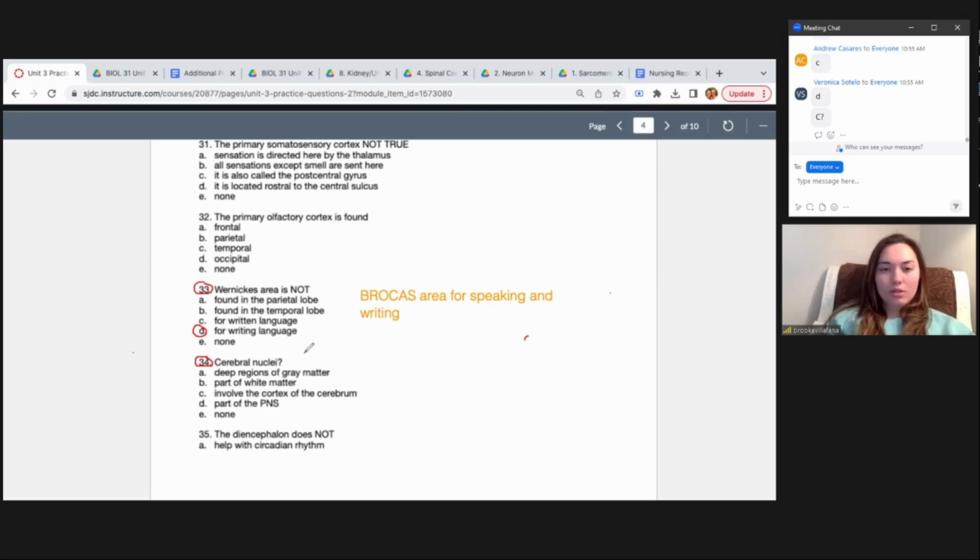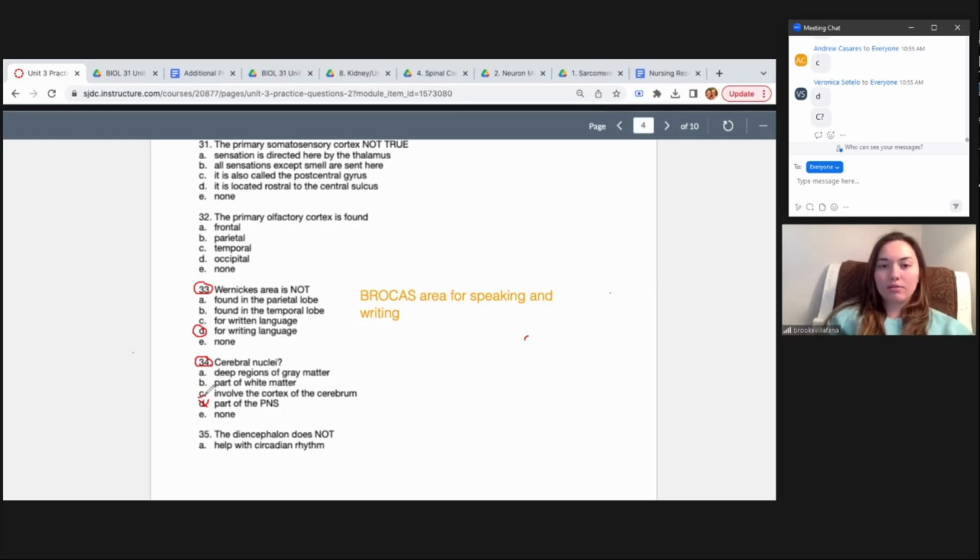So we know that cerebral nuclei are not part of, I'm going to try to eliminate the easy ones. We know they're not part of the PNS. We know that they would be CNS because nuclei are part of the CNS. So it can't be D. They don't involve the cortex of the cerebrum.